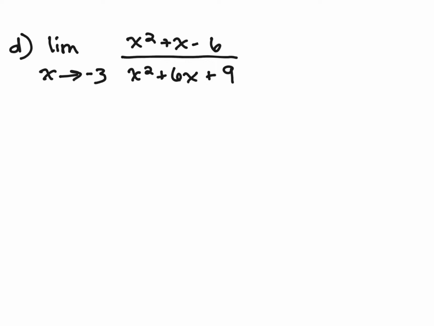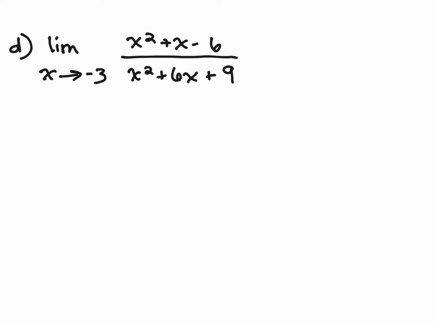Okay, so I told you that almost always, when you have an indeterminate form, you can get a limit out of it. You can get a y value. But every once in a while, there's a case where it doesn't happen.